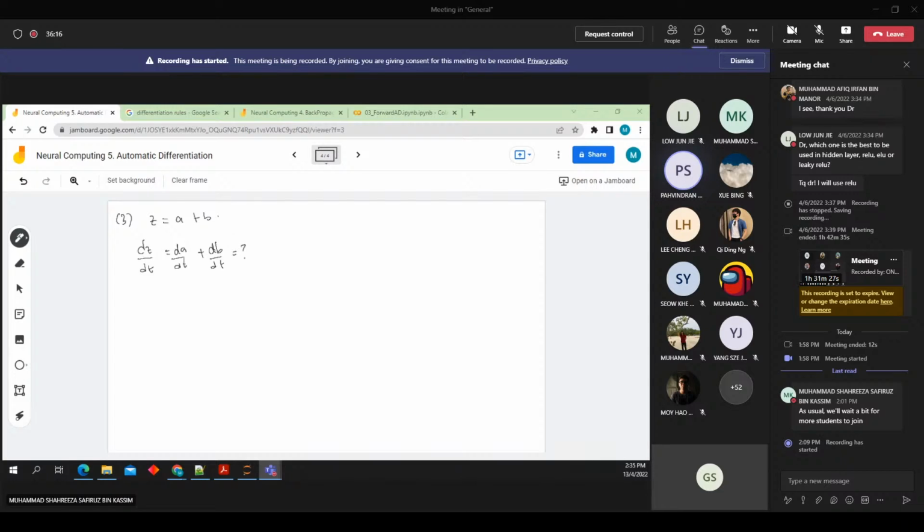This is the sum rule. Yes, so here you are using the sum rule. You have two functions, each a function of x.